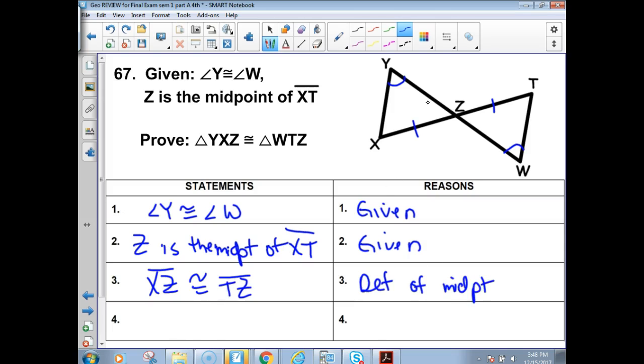Next, we would go to the diagram because we're out of givens and see that there are vertical angles here that we can mark congruent, and we must put them in the proof using 3 letters to name them. So angle YZX is congruent to angle WZT, and that would be because vertical angles are congruent.